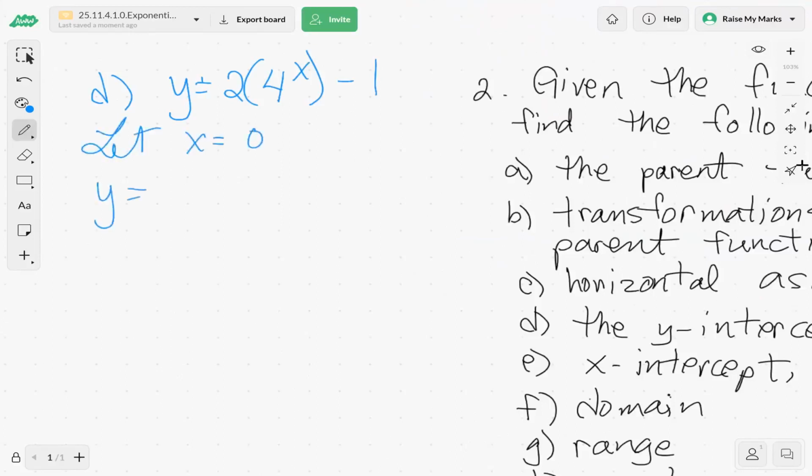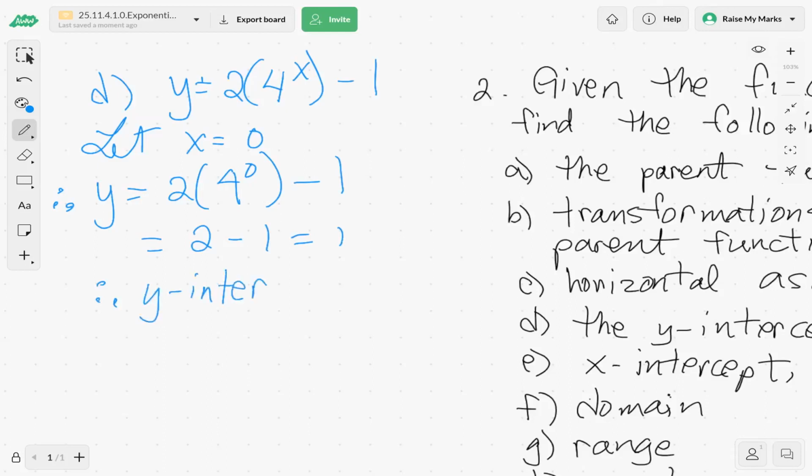So y equals 2 times 4 raised to the power 0 minus 1. Anything raised to the power 0 is 1. 2 times 1 is 2, so 2 minus 1. So therefore, our y-intercept is y equals 1.